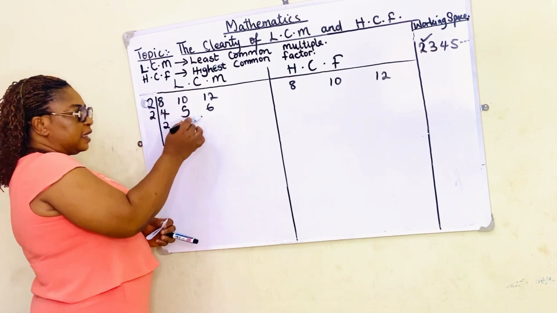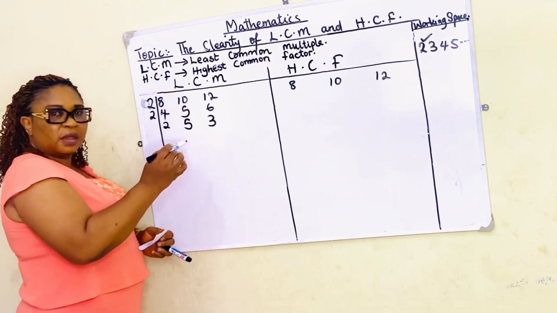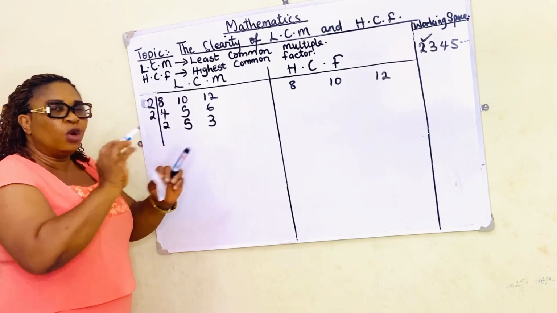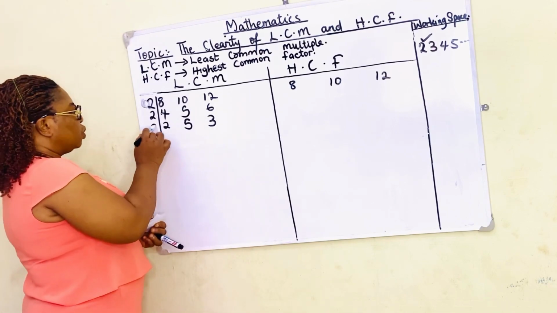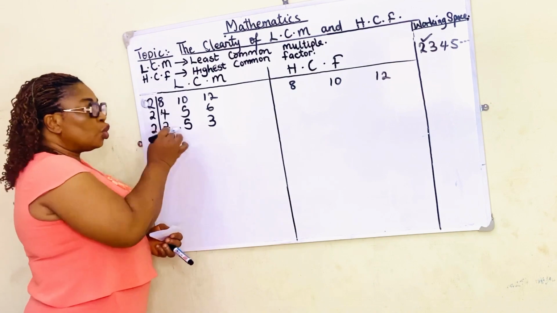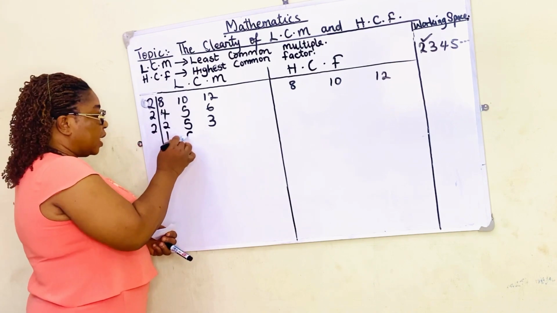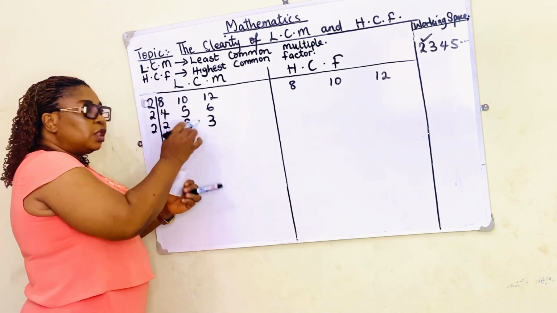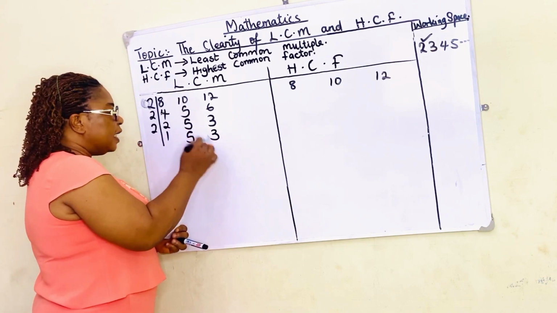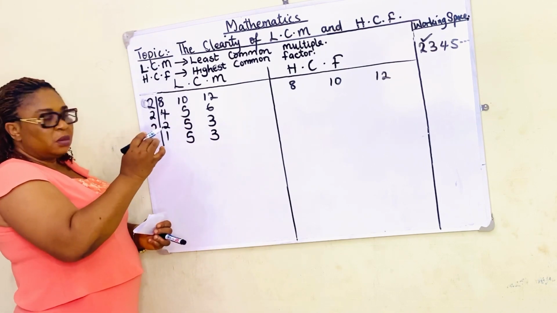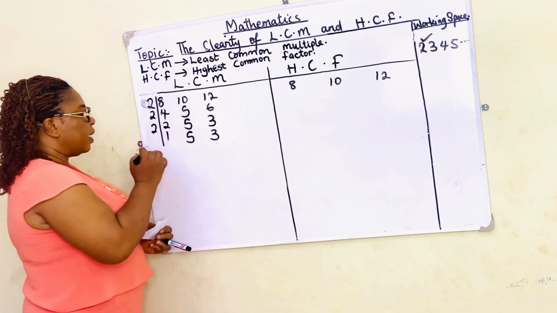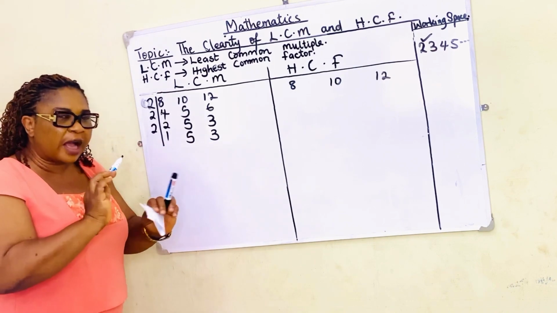But 2 can divide 6. I continue dividing until 2 can no longer divide. 2 divide 2, I write 1. 2 cannot divide 5, I still bring it down. And 2 cannot divide 3, I bring it down.